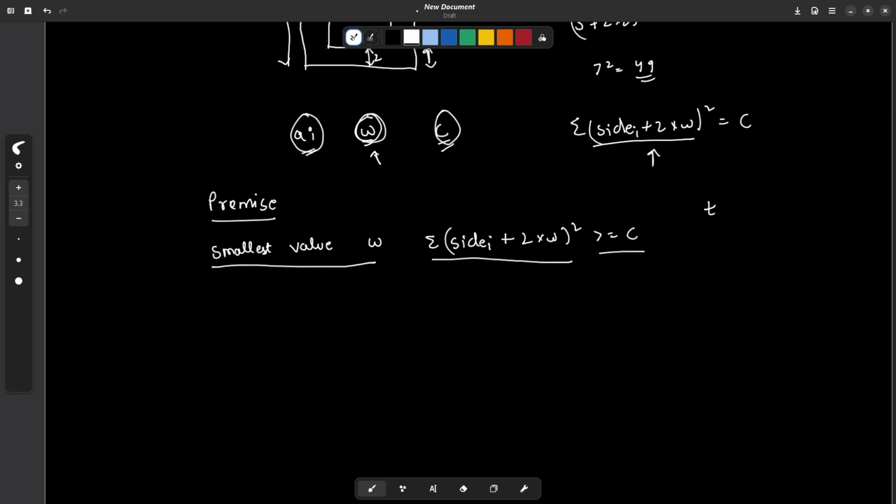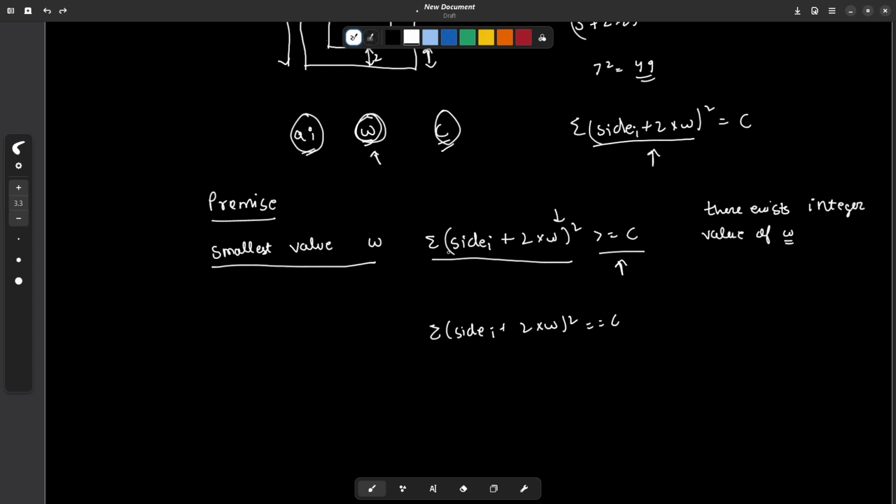So according to the question, there exists an integer value of W. If they are already saying that there exists an integer value of W, and if I try to find the smallest value of W such that this condition is satisfied, I will eventually get a value of W such that if I calculate the same expression, side of I plus twice of W whole square, it will be equal to C, right?